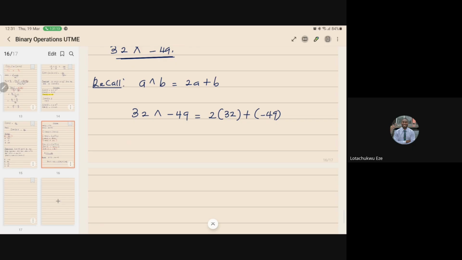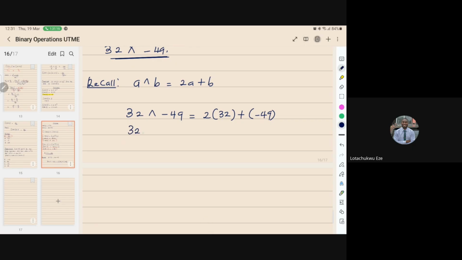So what that means is I have 32, that symbol, minus 49 is equal to 2 times 32. 2 times 2 is 4, 2 times 3 is 6, minus 49. So that 32, that symbol, 49, will be equal to 9 minus 4 will give us 5, isn't it? Sorry, 14 minus 9, I meant to say.